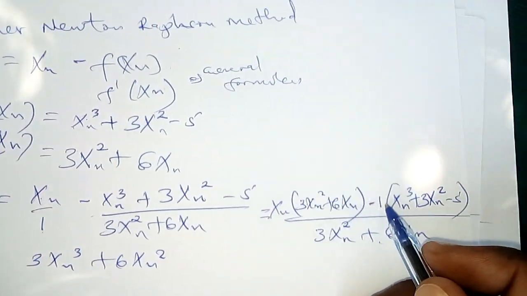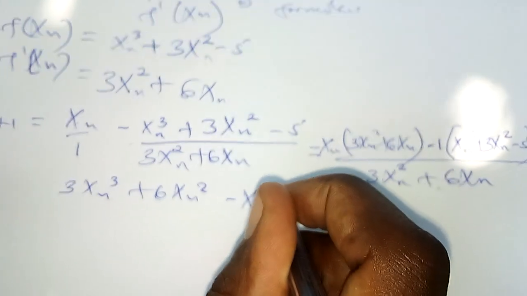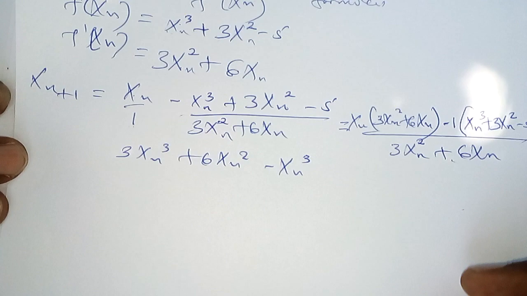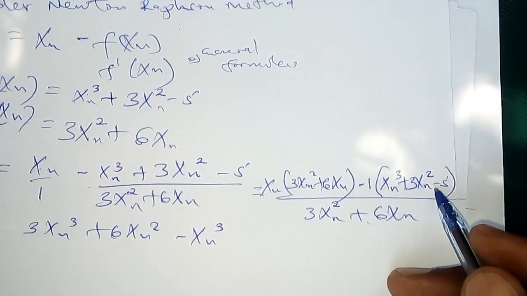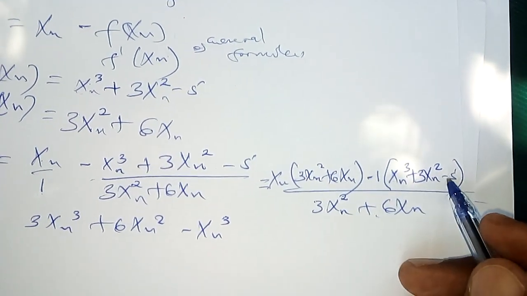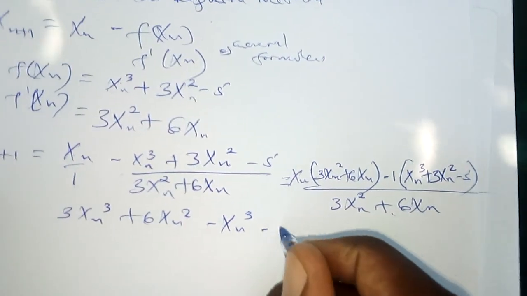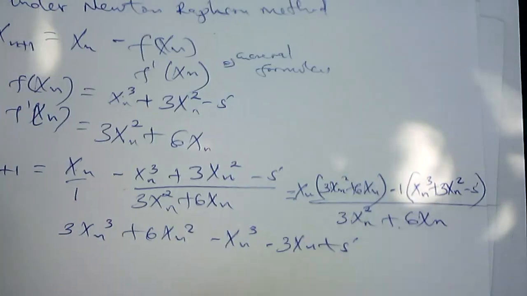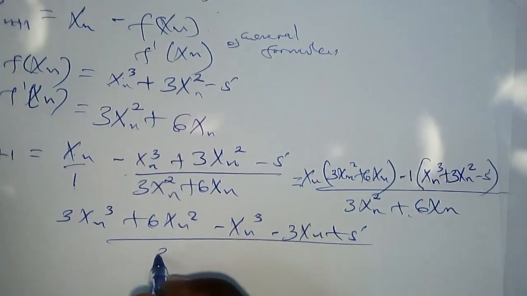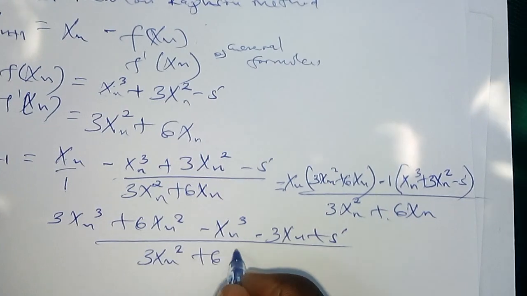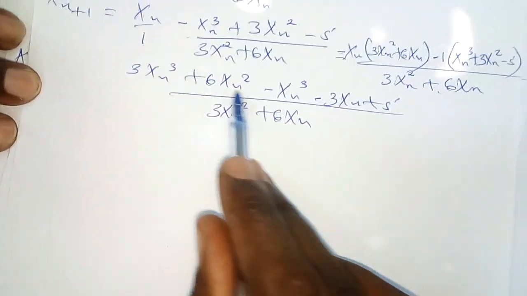Then negative 1 multiplied by this gives negative xn cubic. Then this negative will interfere with this positive. Again, this negative will interfere with this negative. So it will be minus 3xn squared plus 5 all over the general LCM, which is the denominator 3xn squared plus 6xn. Good. Now we have to simplify further.